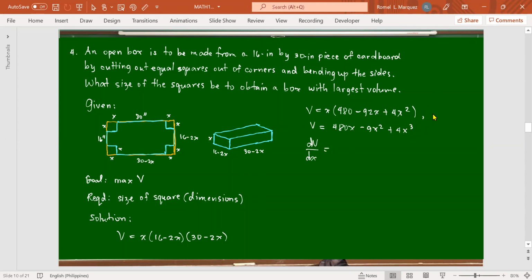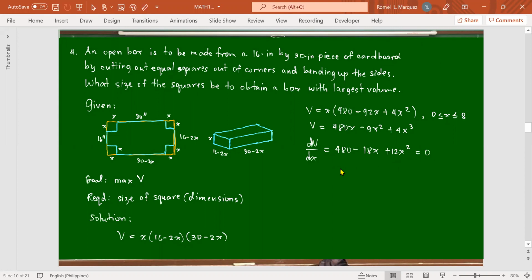Actually, our x is between what? It is only allowed up to 8, because otherwise the width would be used up. Maximum of 8 only. So, 480 minus 184x plus 12x squared equals 0.